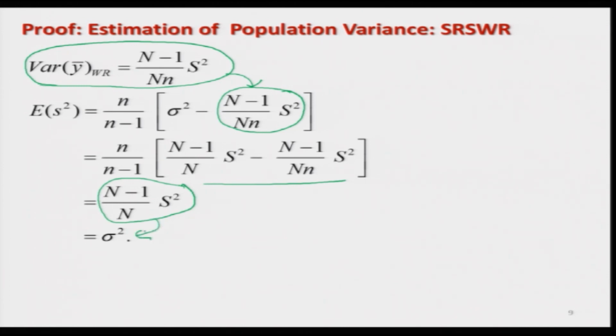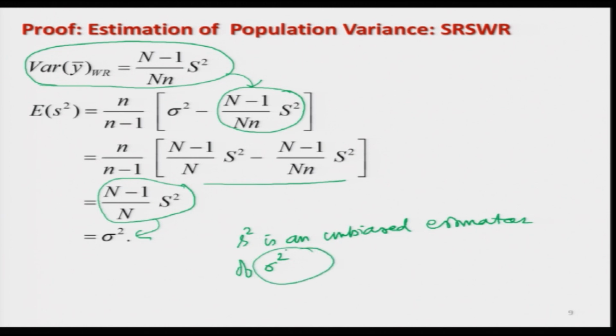So you can see that in the case of SRSWR, small s square is an unbiased estimator of sigma i square. This means I do not know the value of sigma i square in the population, but I am not worried.